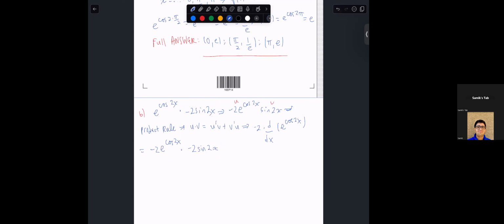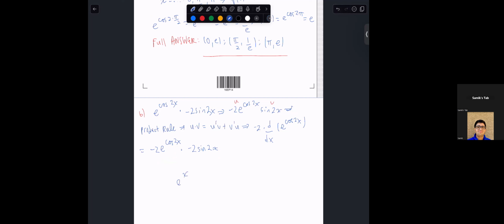So remember, what is chain rule? We have to take the derivative of the outer portion, then the inner portion, then the next, and so on. That's how chain rule works. So that's why we have first minus 2e raised to cos 2x, and minus 2 is from the constant.